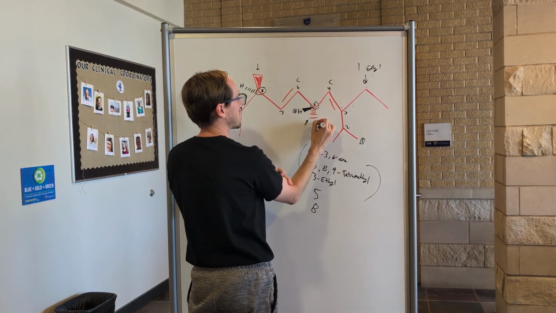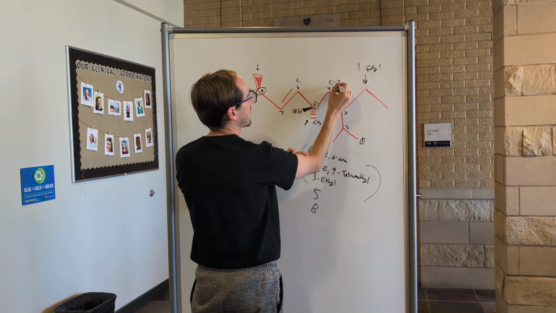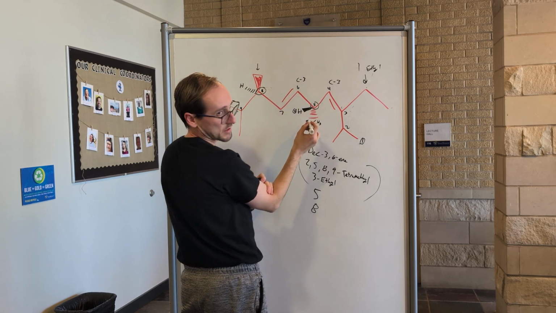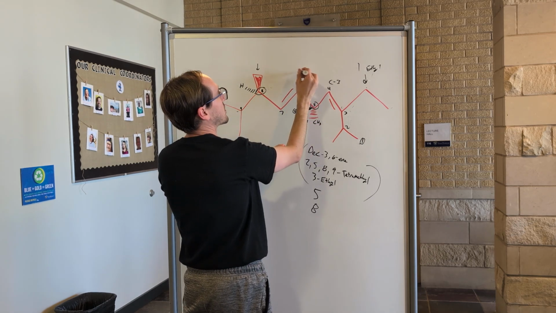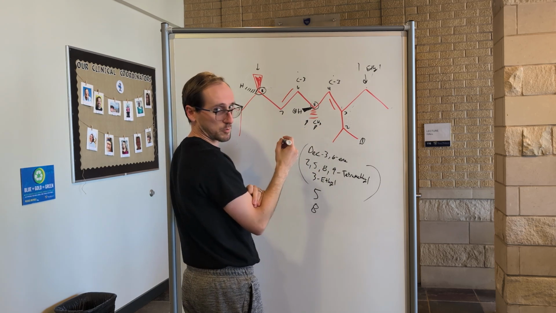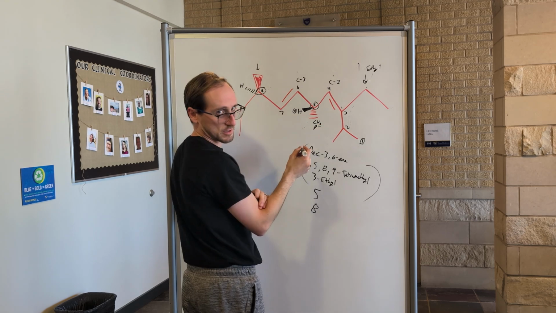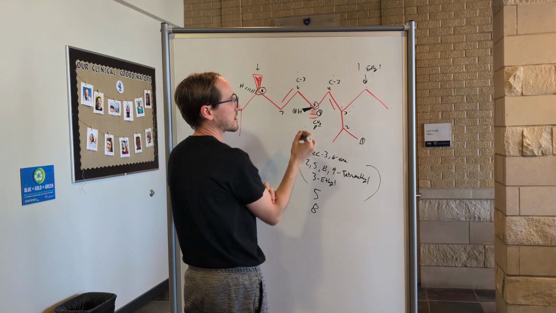Because this is CH3. And then this carbon has 1, 2, 3 bonds that are not hydrogen. This carbon also has 3 bonds that are not hydrogen. 1, 2, 3. Between this carbon, this carbon, and this carbon, we know that this one is the lowest priority because it just has hydrogens attached to it. So we can automatically give this spot number 3.